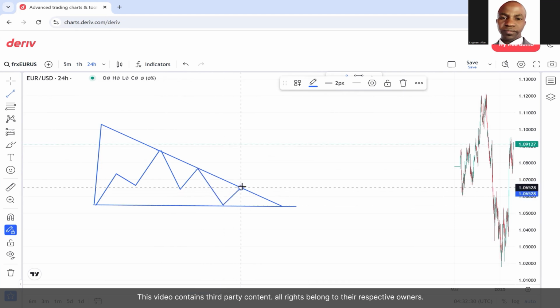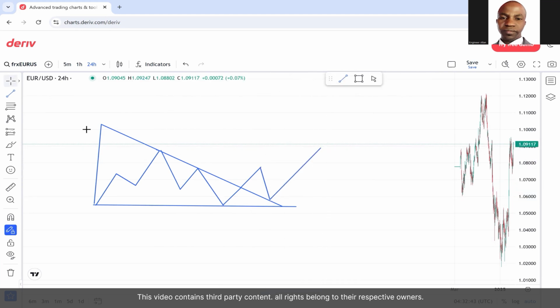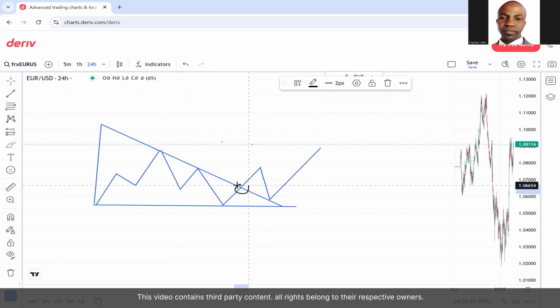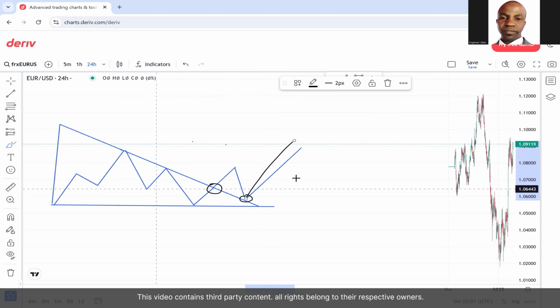And then the market might break out from the other end and then come back here and do a retest. So it's the same thing literally. You can see here, the breakout happens here, and then a retest happens here, and then the market moves in this direction. These are particular patterns that you're going to see.